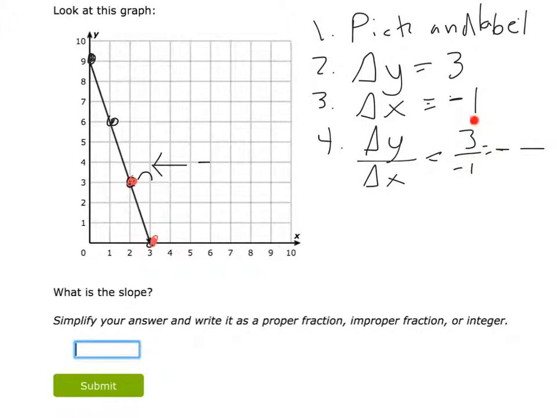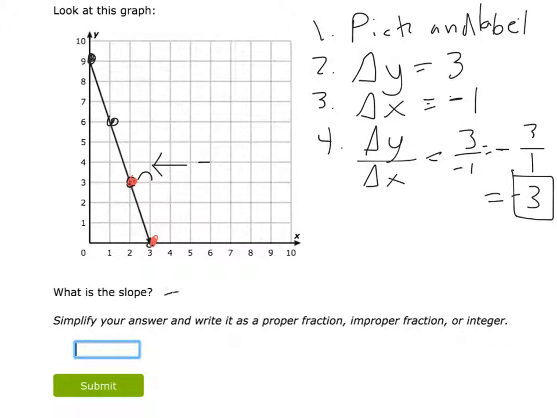So actually here, this just turns into a whole number of 3. So let's get rid of that line there. So we got negative 3 over 1, but negative 3 over 1, we could just call it negative 3 there.